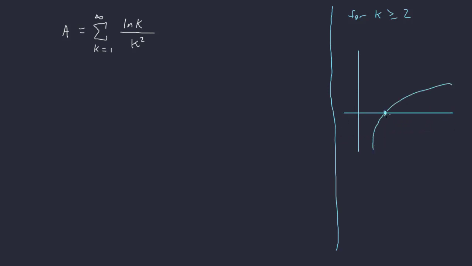So at 1 it's 0, and then from that point on it's always less than, say, y equals x. So natural log of k is less than k, for most of its life.